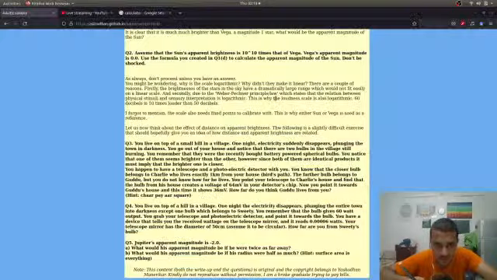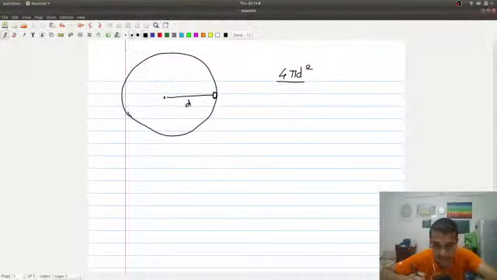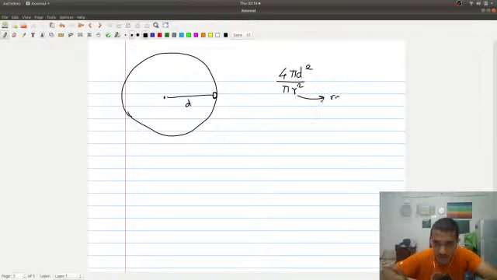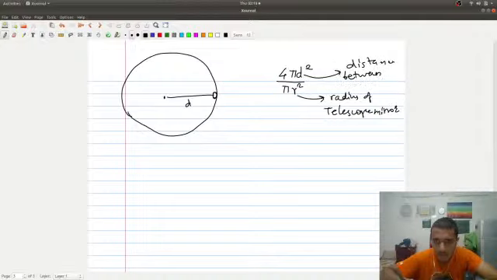Was it the diameter or the radius? Diameter was 50 centimeter, that means radius was 25 centimeter. And then you have pi r square, where r is the radius of the telescope mirror, and d is the distance between the telescope and the bulb.